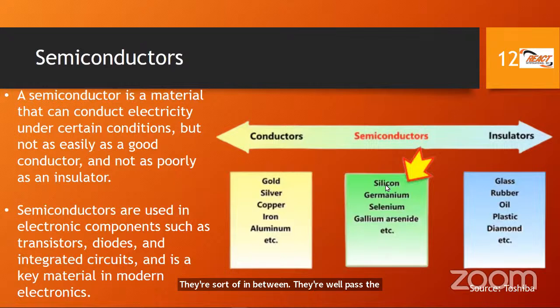Semiconductor materials, or the elements, are things like silicon, germanium, selenium, gallium arsenide, etc. These will allow electricity to flow, not as well as conductors, but not as poorly as insulators. So that's why it's called semiconductors, sort of in between, right? Some of the components that we'll be talking about coming up will be made from semiconductor material.